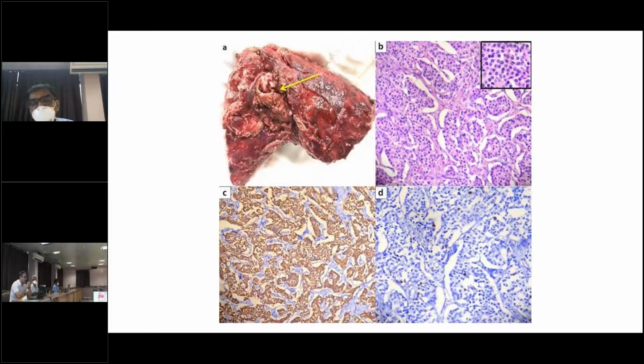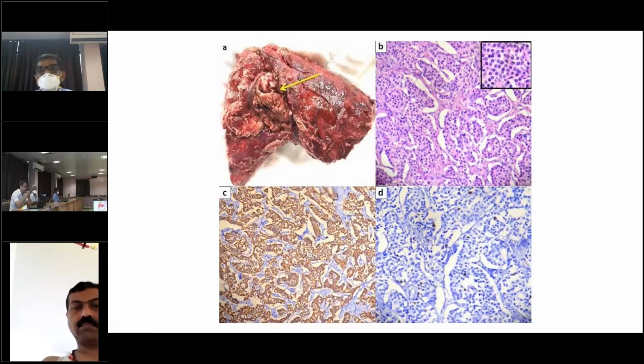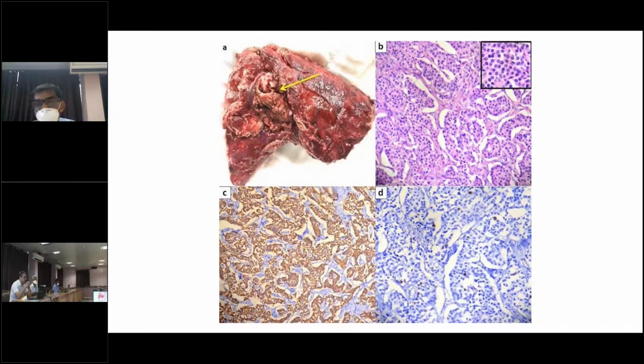So what we did was we used the intrapericardial technique for dividing the pulmonary artery first. So we opened the pericardium, went inside, divided the right pulmonary artery, and then divided the left upper pulmonary vein. And then it gave us some space and some confidence, as the vascularity of the lung would have gone down.